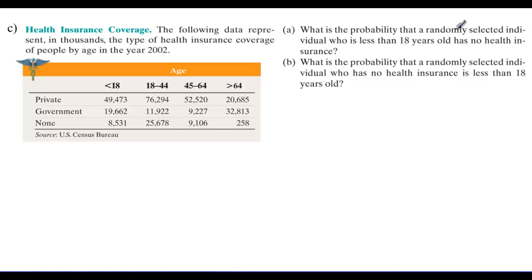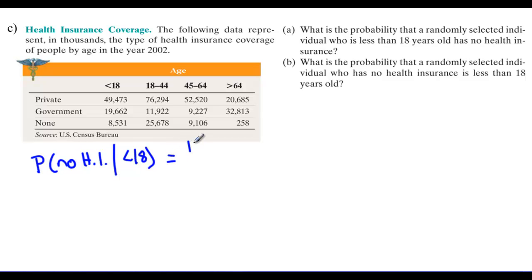So we're randomly selecting an individual who's less than 18 years old, and we're trying to find the probability that somebody less than 18 years old has no health insurance. The given part is less than 18 years old, so we're trying to find the probability that there's no health insurance, given that they're less than 18.